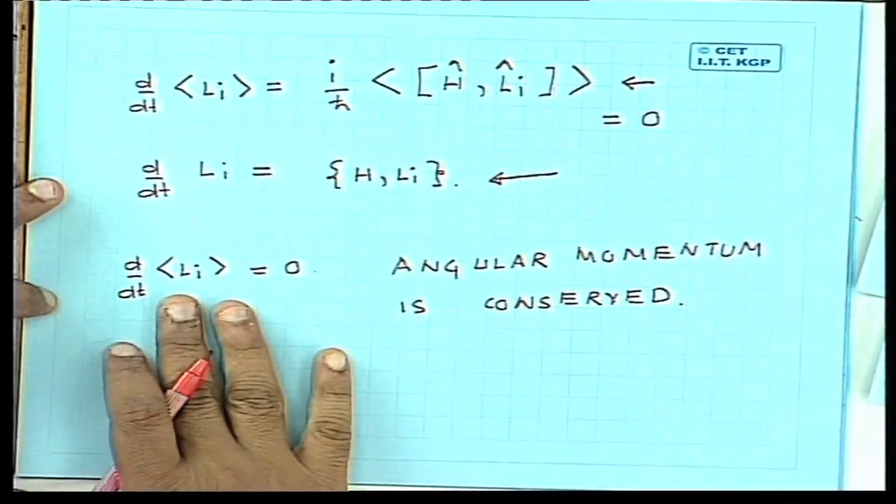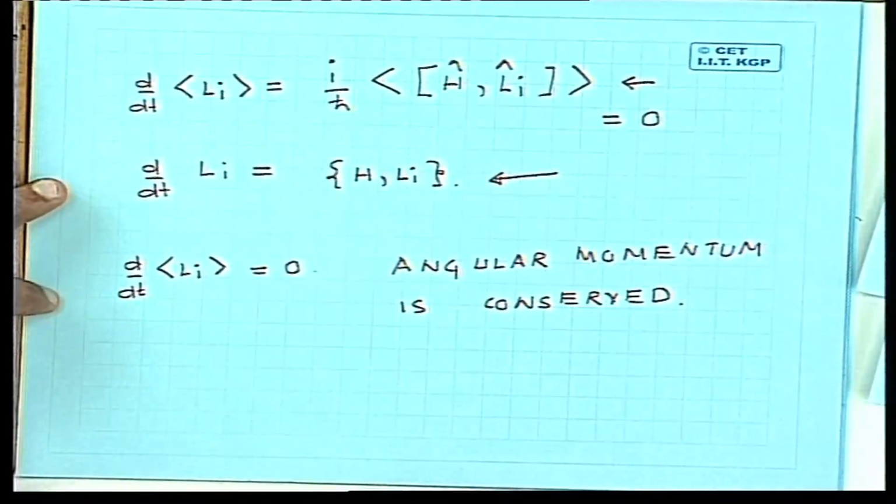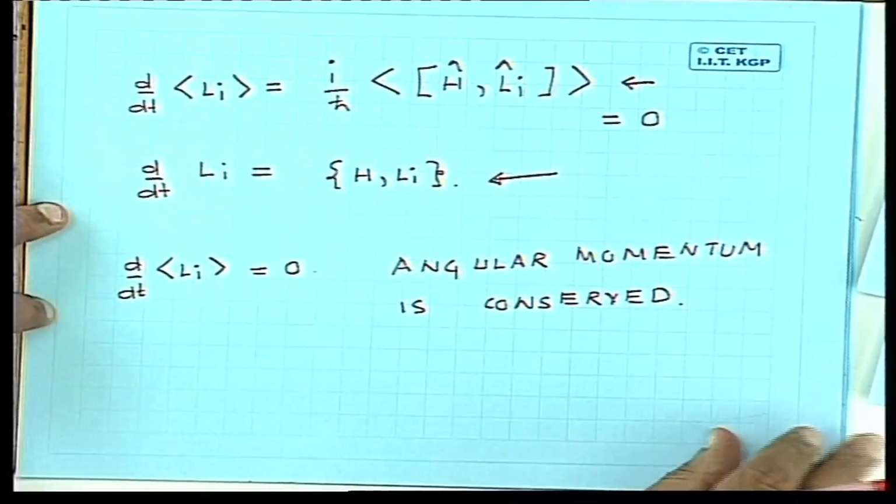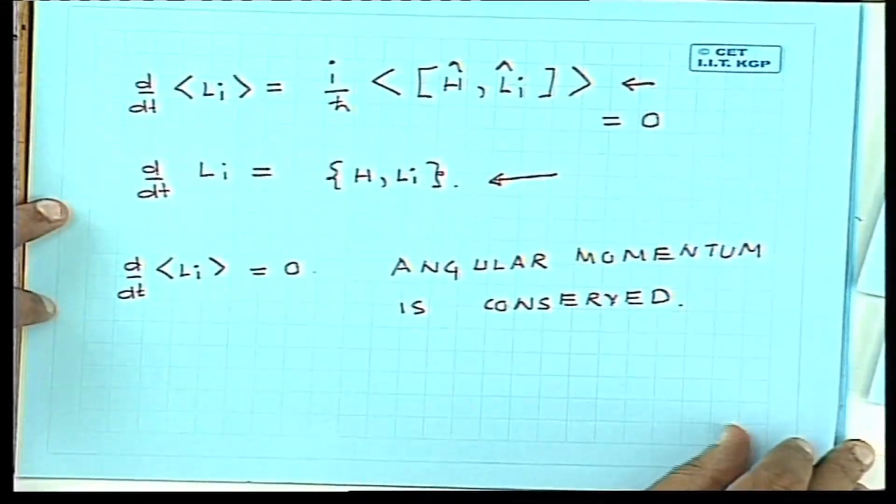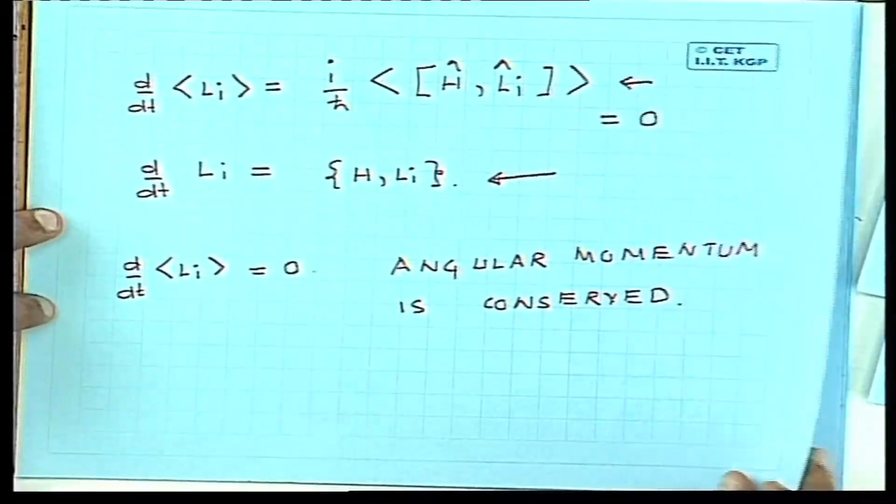It remains constant as the particle evolves. Not only for angular momentum, but for any conserved quantity in classical mechanics, you have a similar fact in quantum mechanics. So this is one direct consequence of the commutation relation between these angular momentum operators and L squared.